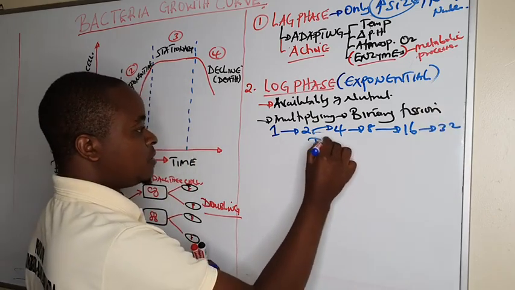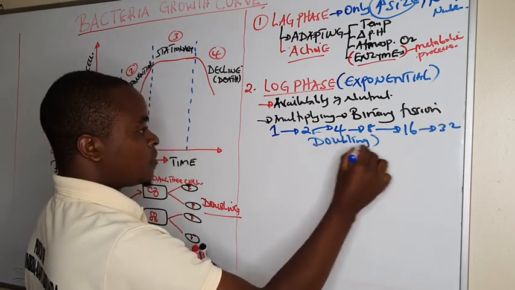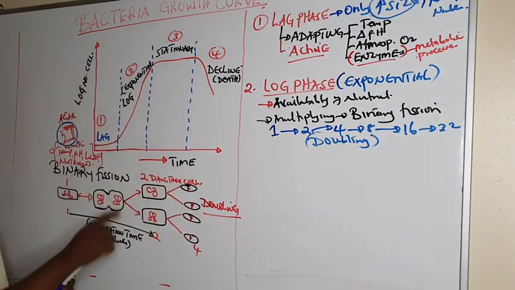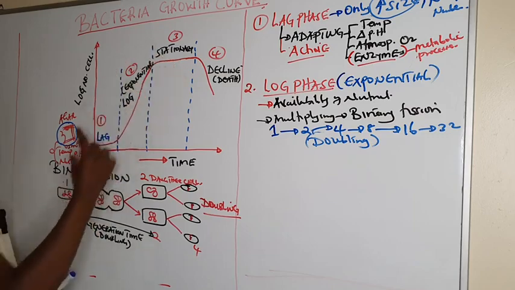So there is doubling of bacterial cells during log phase. That's why we call it exponential.